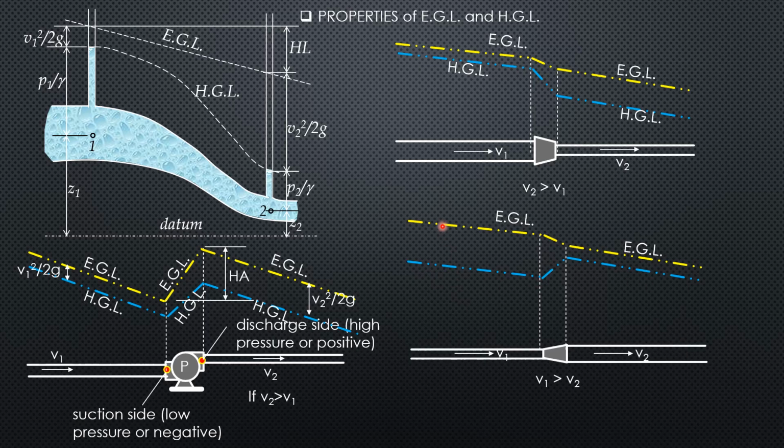This time, it is farther at this portion of the pipe because V1 is higher, then here it rises so that it will come close to the energy grade line because V2 is low. So it should be close. So that's why the hydraulic grade line may rise or fall depending on the change in velocity.